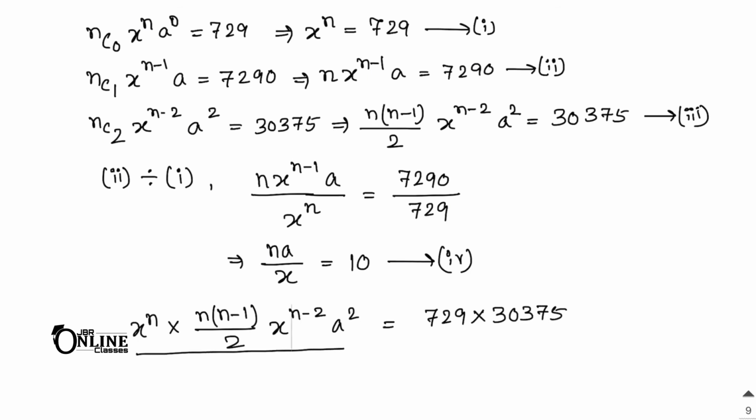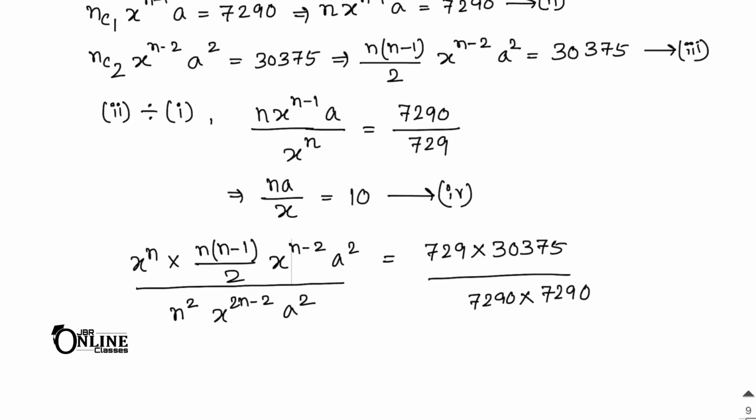Now divide this result by the square of the second one, that means n square, x to the power 2n minus 2 a square, and 7290, again 7290. Clear? So here the operation is equation 1 into equation 3, then divide by equation 2 squared.